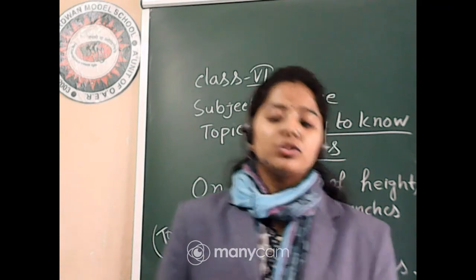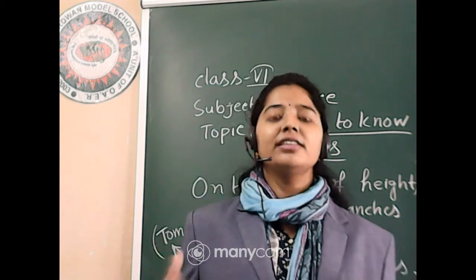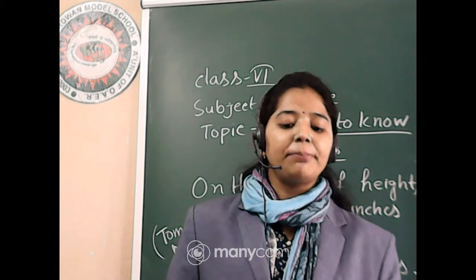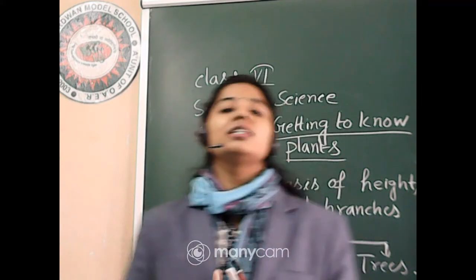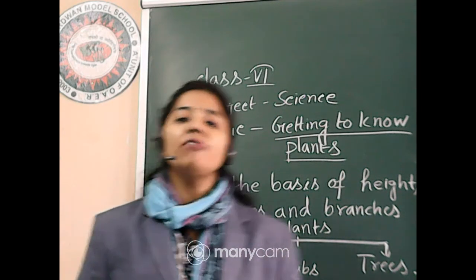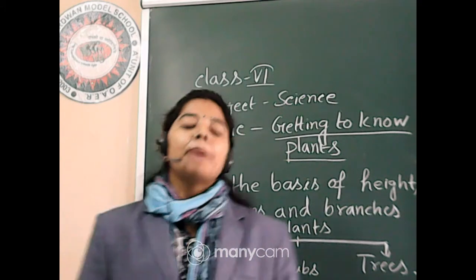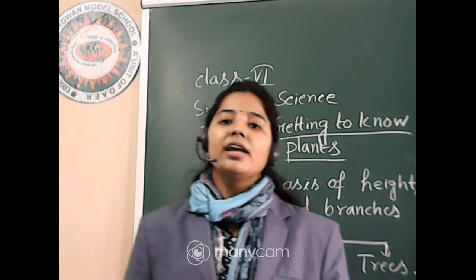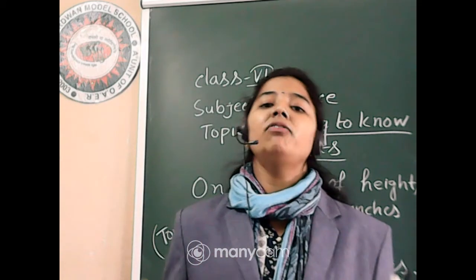This is the main characteristic feature of trees. You must have seen trees such as banyan tree, mango tree, neem tree, peepal, and cashew tree. These are all examples of trees.